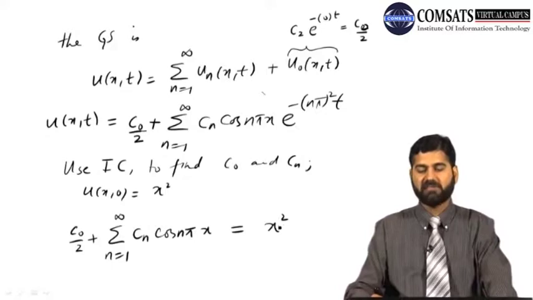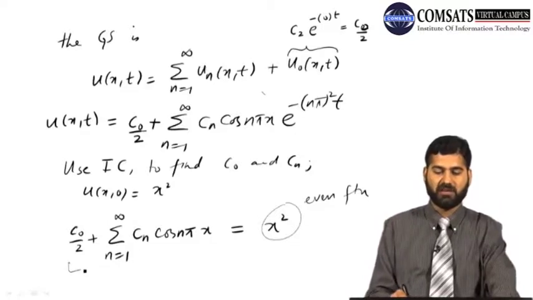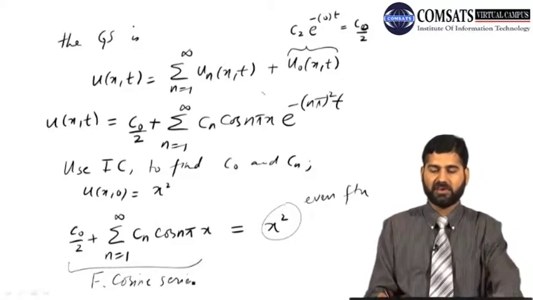So x square is an even function, you see. And on the left hand side we have only the Fourier cosine series. We know that for an even function, with the cosine series, we can obtain the coefficients.